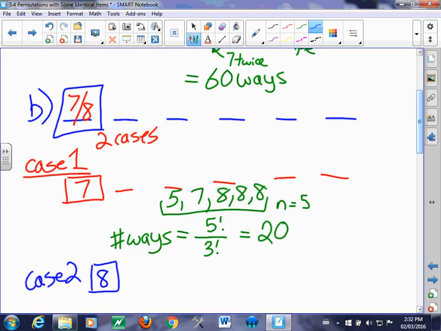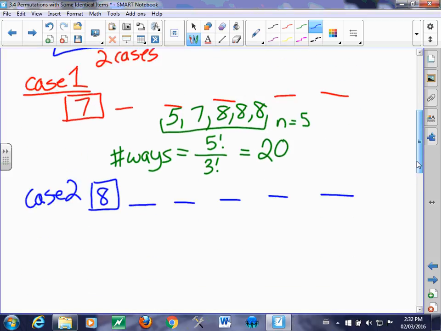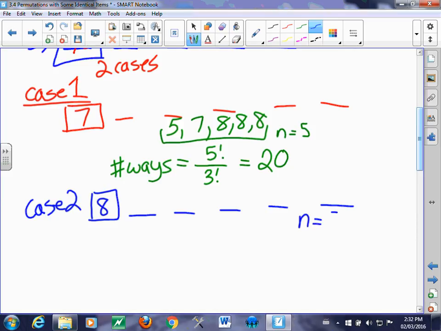So if the 8 is fixed, we've got 1, 2, 3, 4, 5 different spots left. Okay, so n equals 5, but we have to be careful. What are our values that are left? So we still have a 5, we have 2 7s this time, and only 2 8s to place in this arrangement.